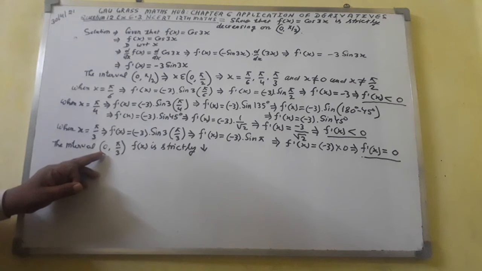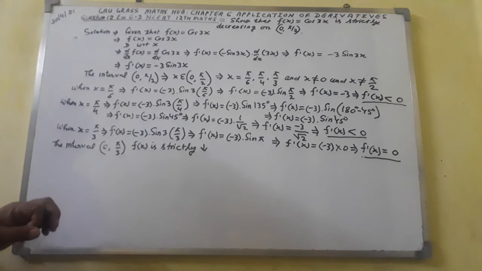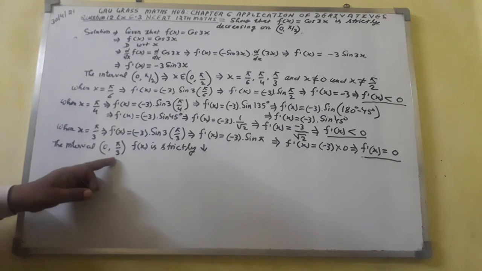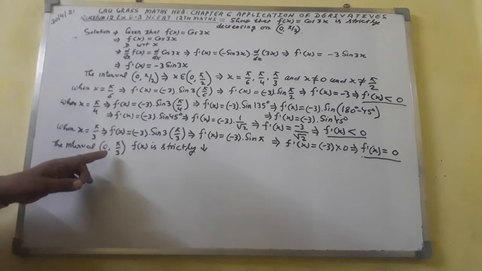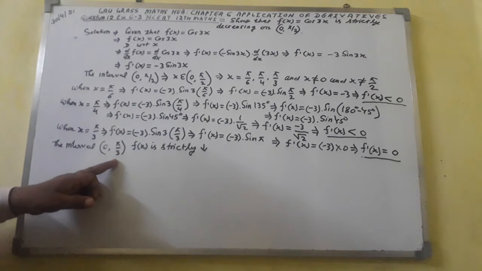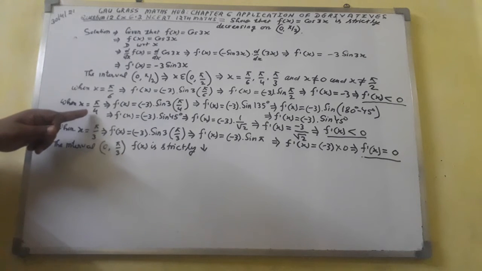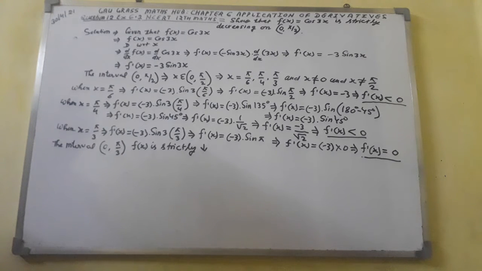So I shall not take into account 0 and pi by 3. Means 0 and pi by 3 will be excluded. In between, between 0 and pi by 3, pi by 6, pi by 4 will fall.